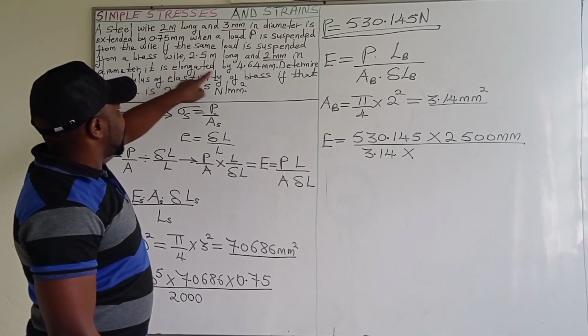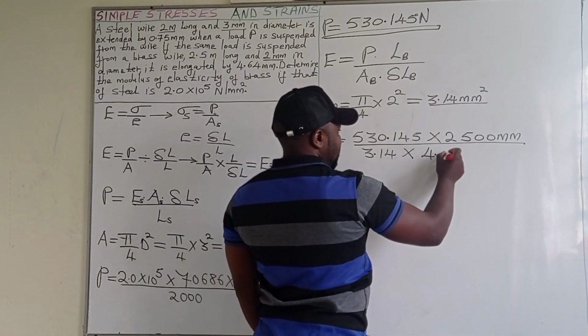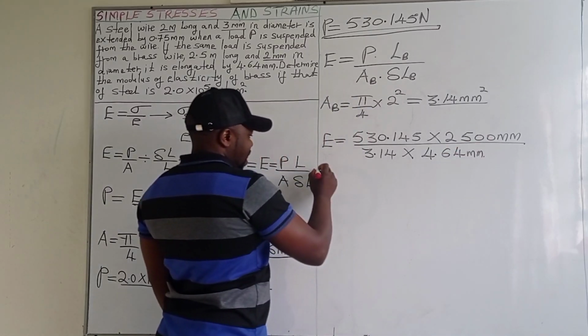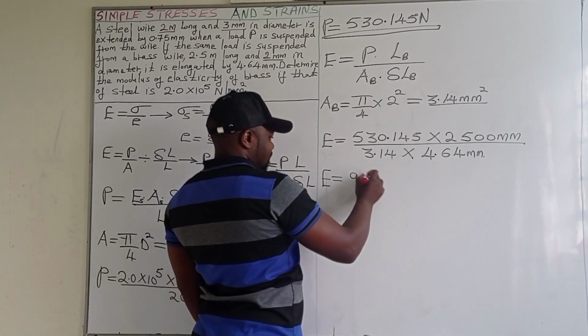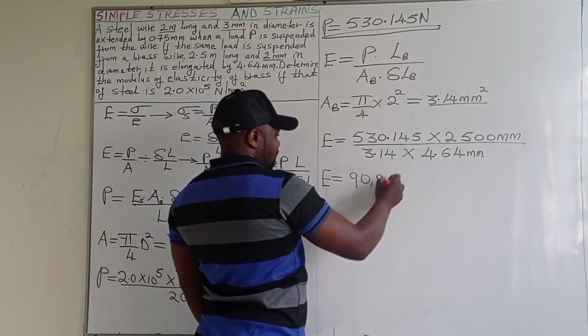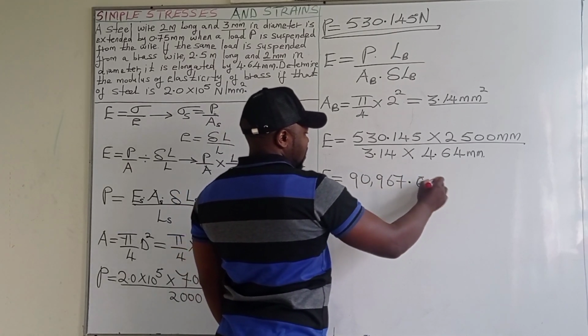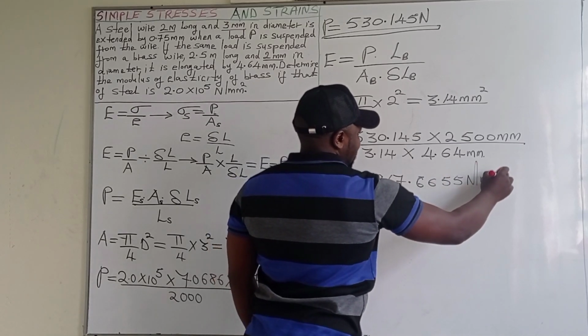It is elongated by 4.64 millimeters. When we do so, we get a Young's modulus of elasticity of 90,967.6655 newtons per square millimeter.